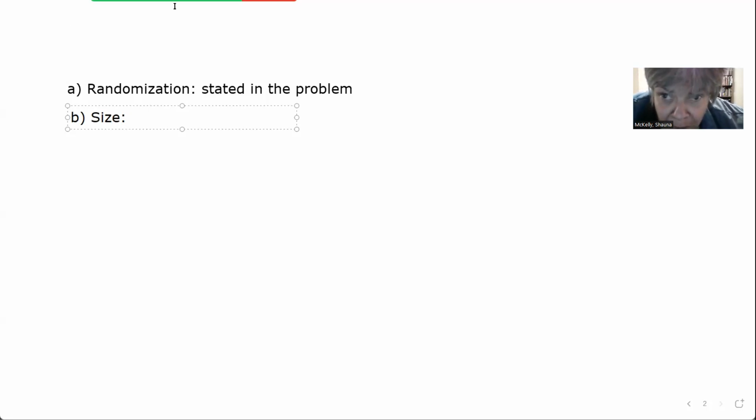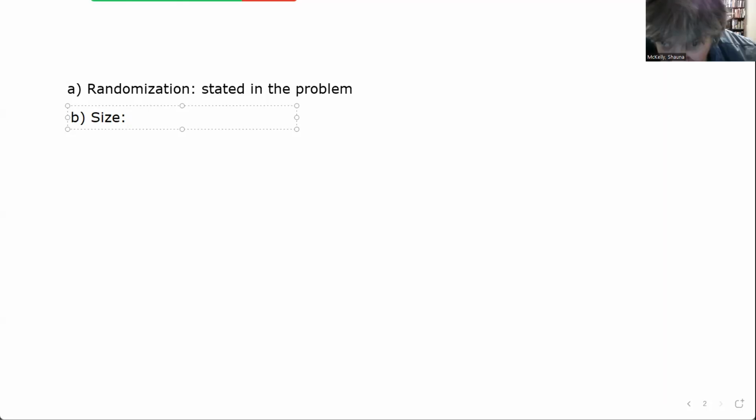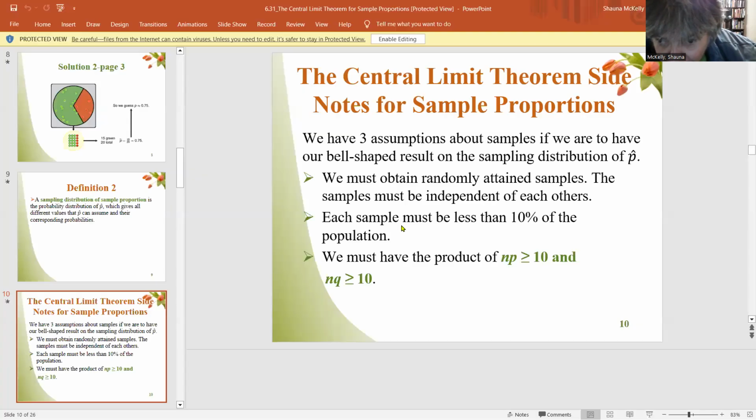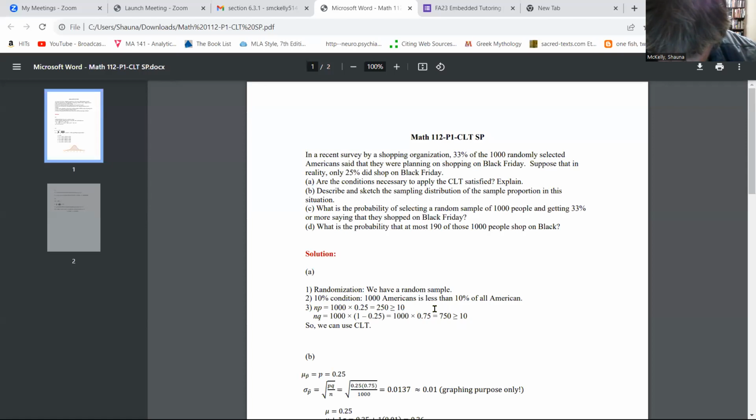Okay, so if we go back to this, my second assumption is the size of each sample must be less than 10% of the population. So if we go back to our problem here, we have 1,000 randomly selected Americans.